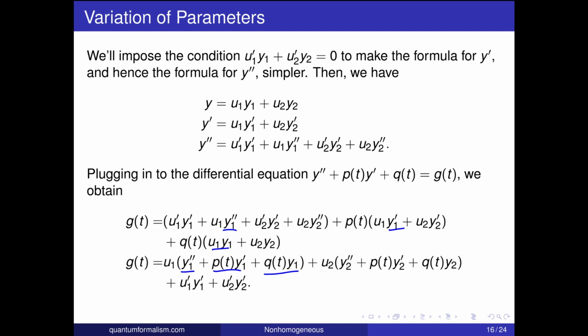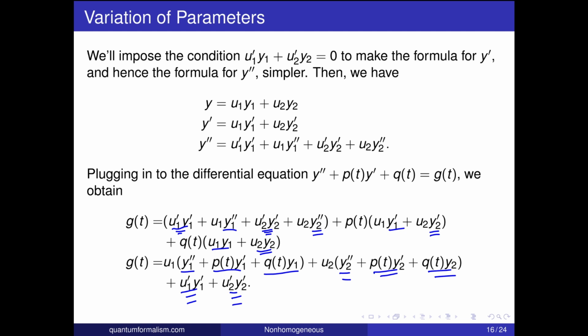So we'll have a y2 double prime here, and a p of t times y2 prime from here, and then a q of t times y2 from here. All right, and then we're left with two extra terms, u1 prime y1 prime and u2 prime y2 prime.